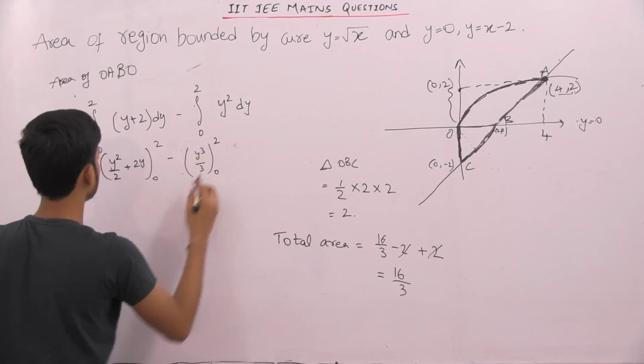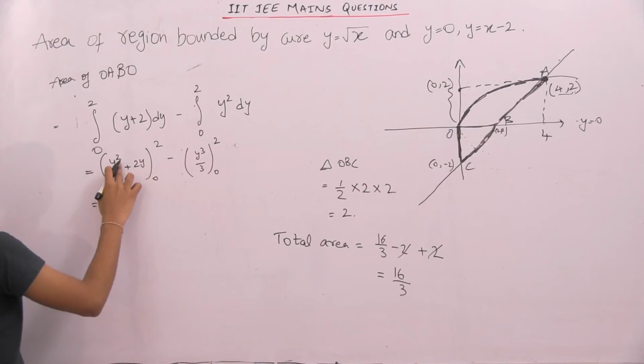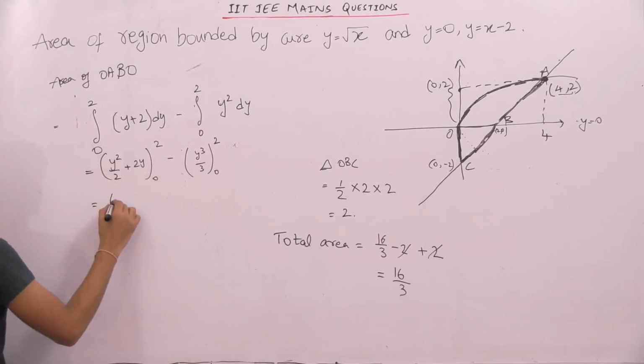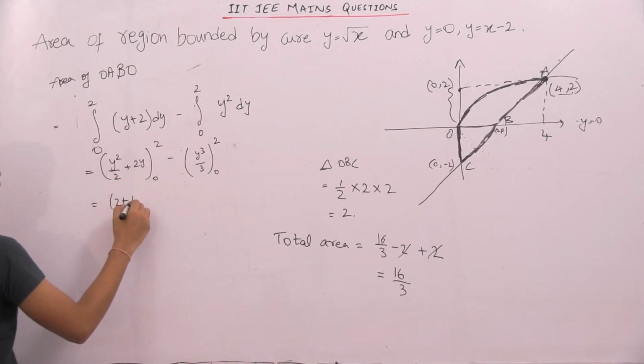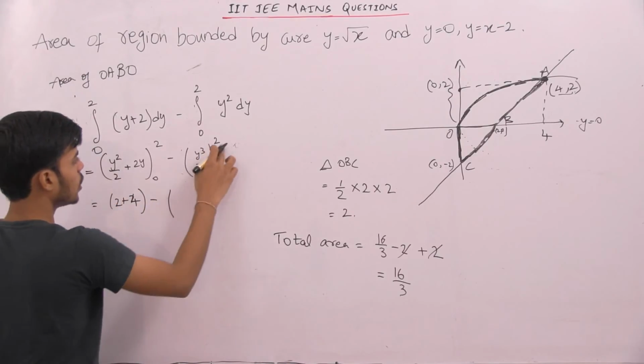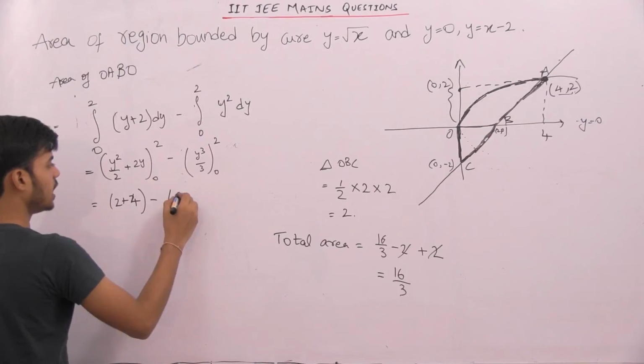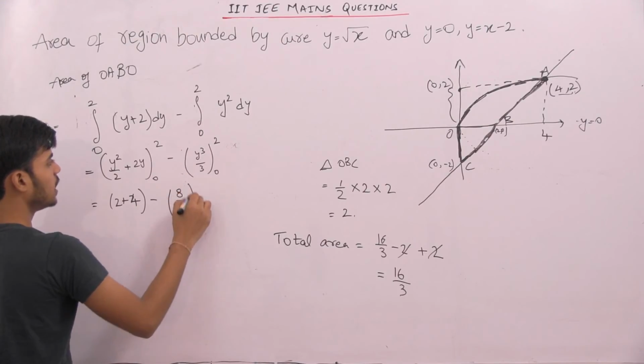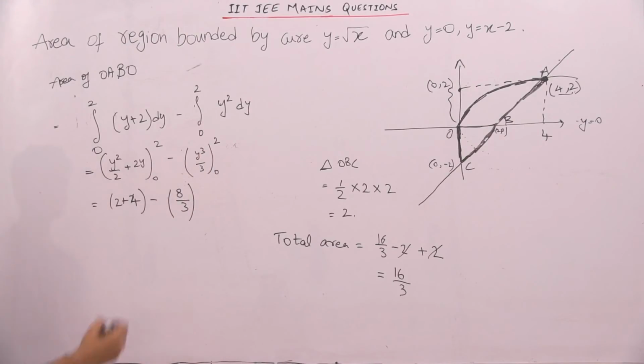Now integrating, y square by 2 plus 2y from 0 to 2, minus y cube by 3 from 0 to 2. So y square by 2, 4 by 2 is 2, plus 4, minus 2 cube, which is 8 by 3, and the latter term is 0.